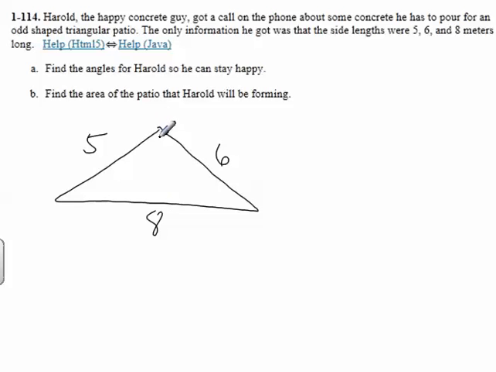So how about we call this angle C and find that one first.